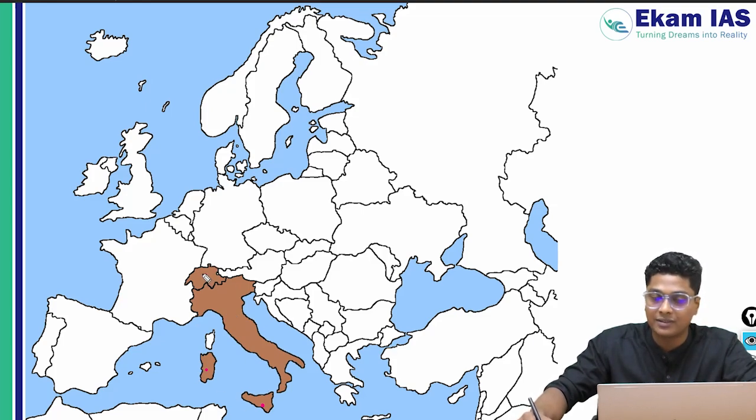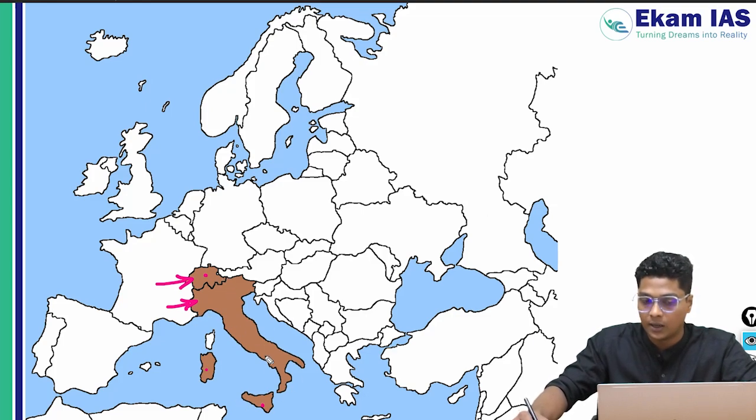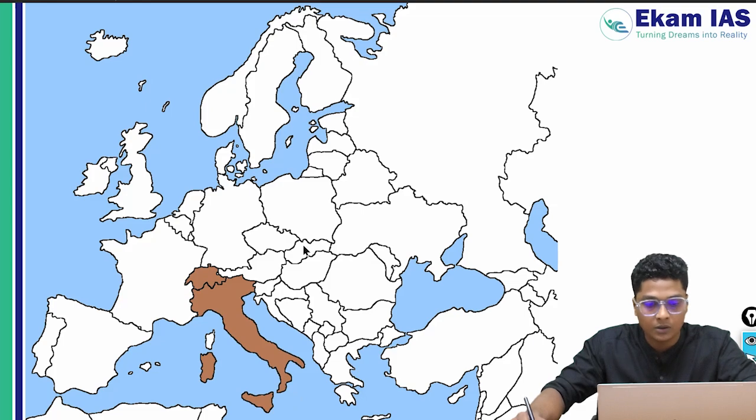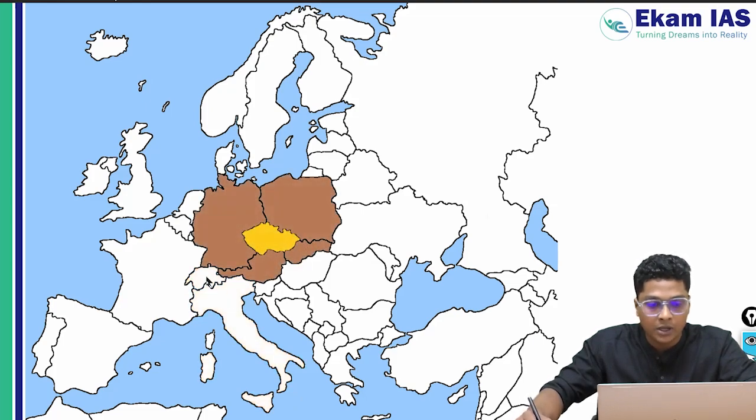So two nations we have studied here. France is sharing border with Switzerland, as well as with Italy. Italy is stretching all the way into the Mediterranean Sea. Now this is Switzerland, this is Italy, both sharing border here.